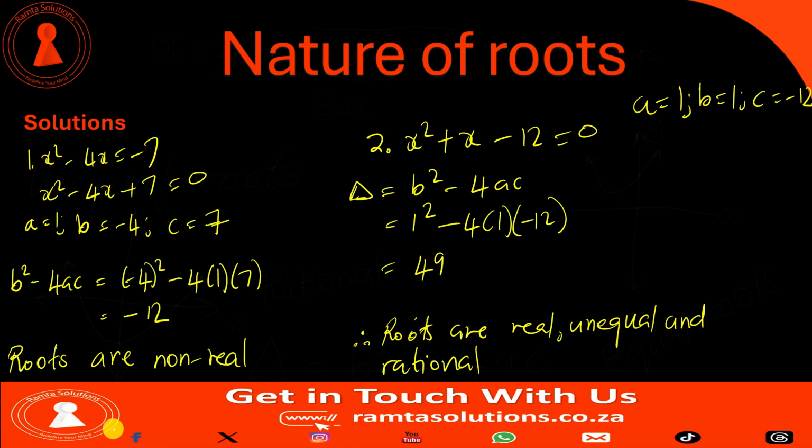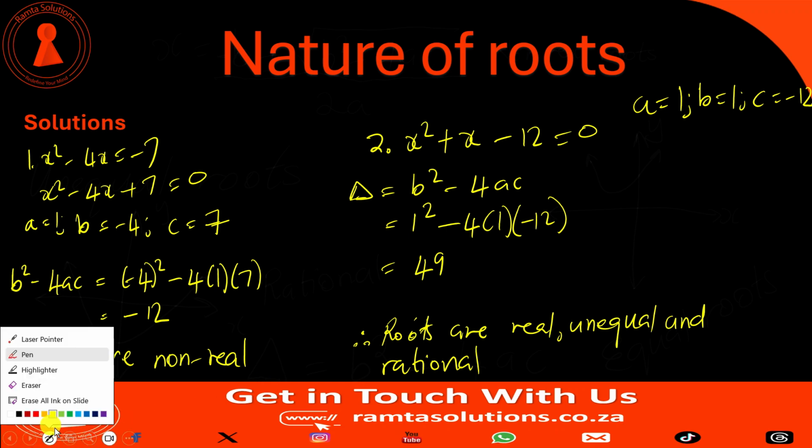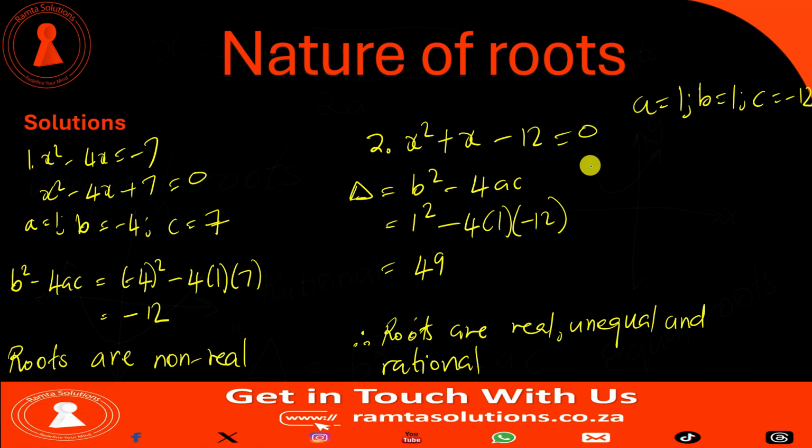Indeed, these roots will be unequal, and I'm going to show you. I'm changing the color. Let me use a blue maybe. Check this out. If you factorize this, it'll be x minus, leave a space, close, x minus, leave a space, close, equals 0. Factors of 12 are 1 and 12, 2 and 6, 3 and 4.